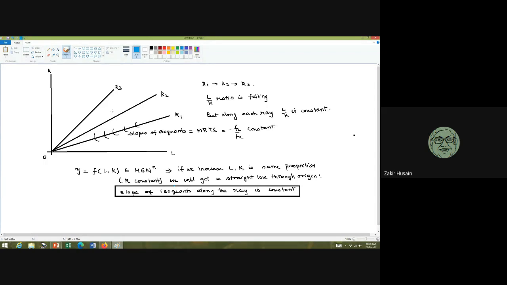Along a different ray, you're going to get a different value of the slope, but again it is going to be constant. Okay.